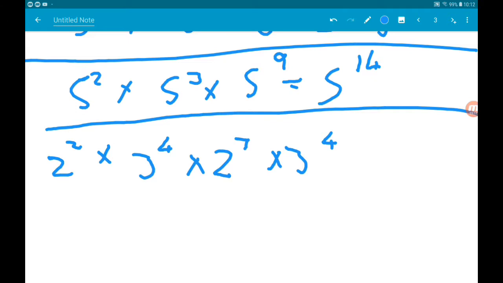So you might first of all want to rewrite it as 2 squared times 2 to the 7 times 3 to the 4 times 3 to the 4.